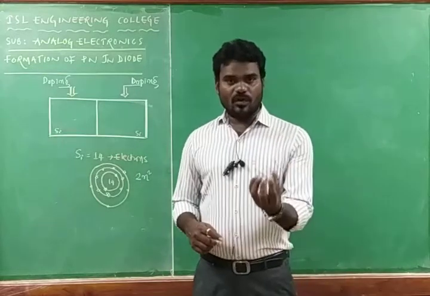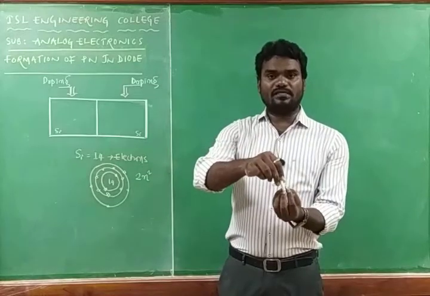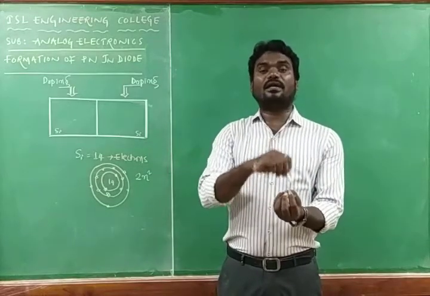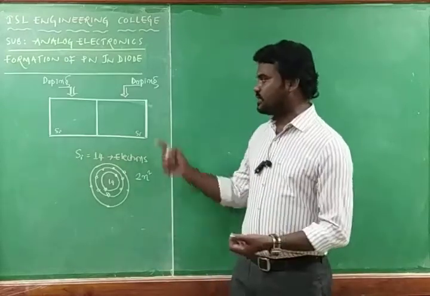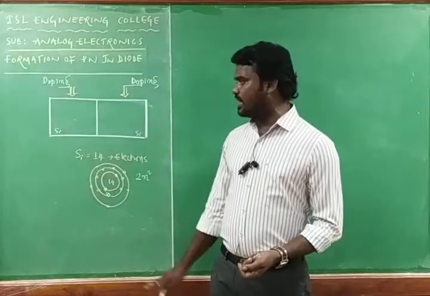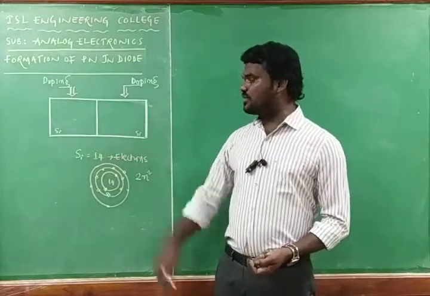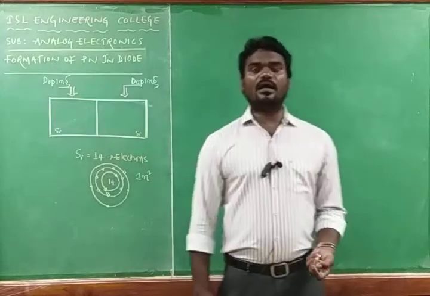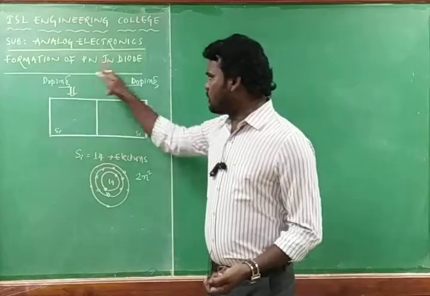We have the pure semiconductor in one hand, to which we add some impurities, so that here we can get either p-type or n-type based on the doping, and here also we can get either p-type or n-type based on the doping. But we are going to form what?